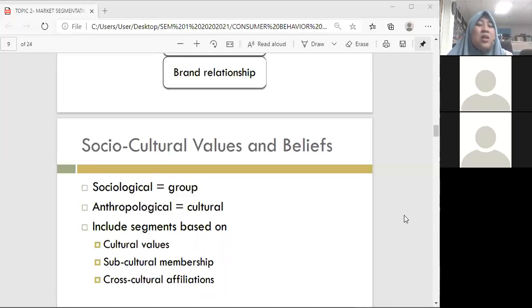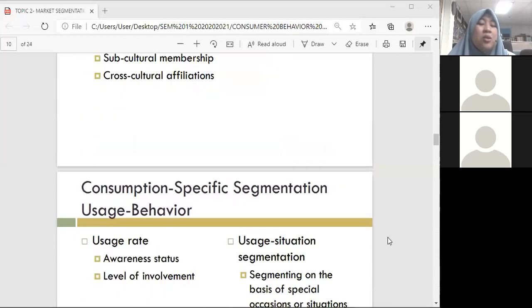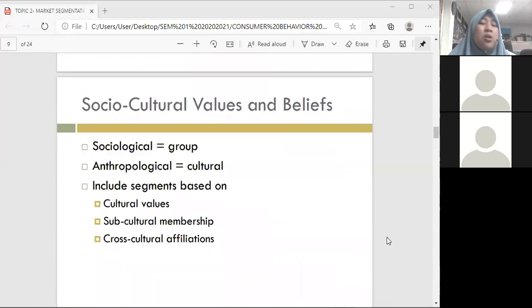So what is sociological? Sociological is according to the group. We talk about how certain values and beliefs they have towards this sociological, in terms of how they can make groupings based on their values and beliefs.